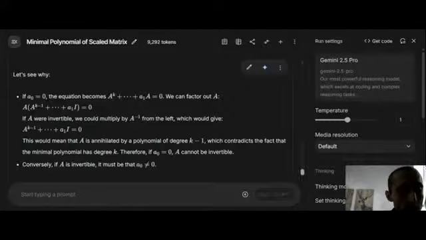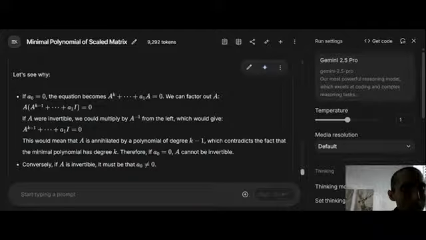If we assume we are wrong and a0 is zero and the matrix is invertible, we substitute A and take out A. Now, if A is invertible, you can multiply both sides by the inverse and get this.